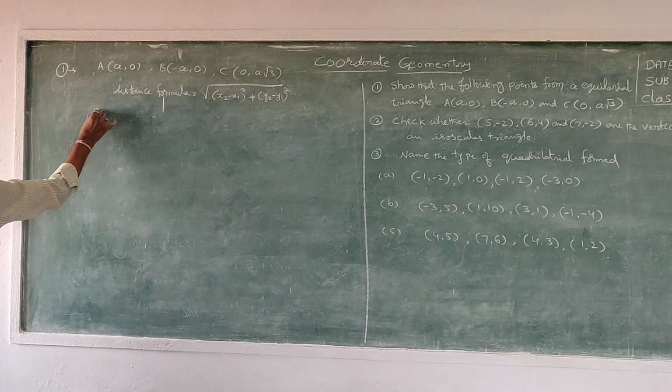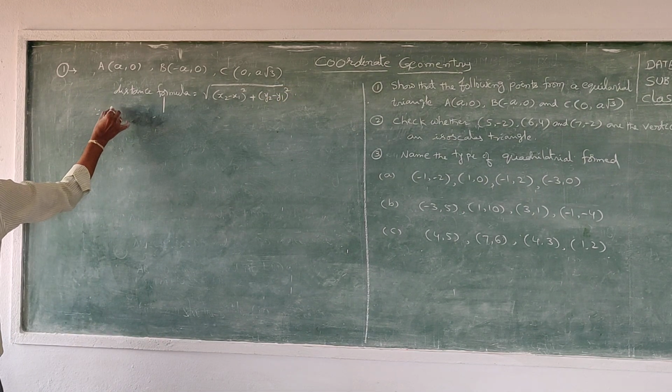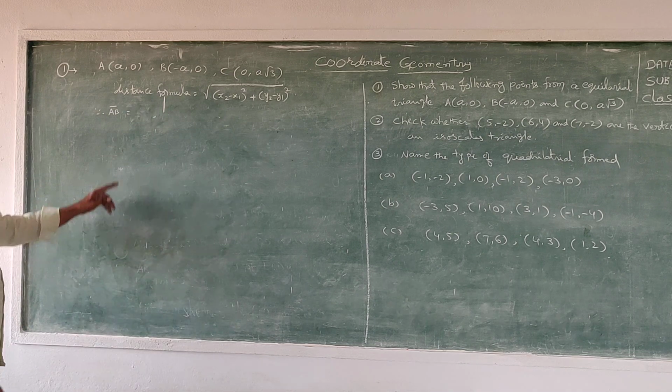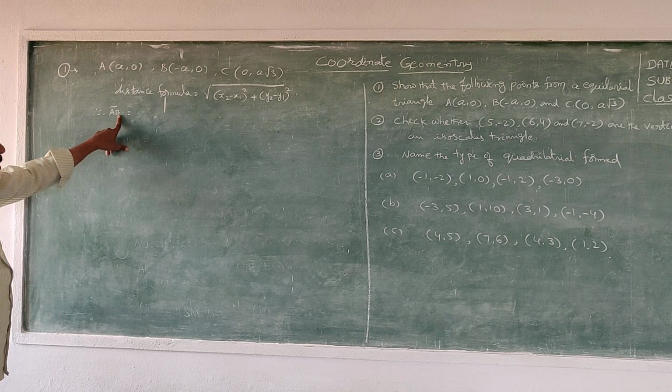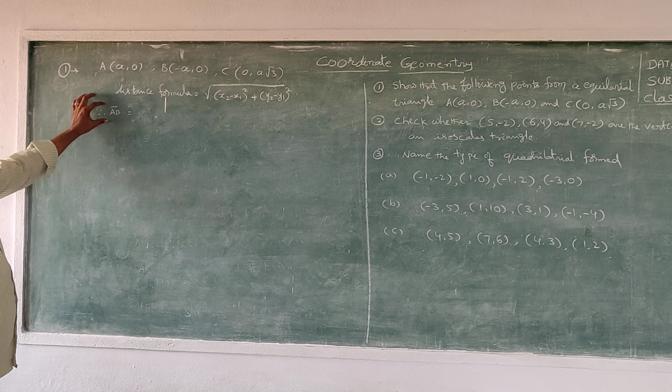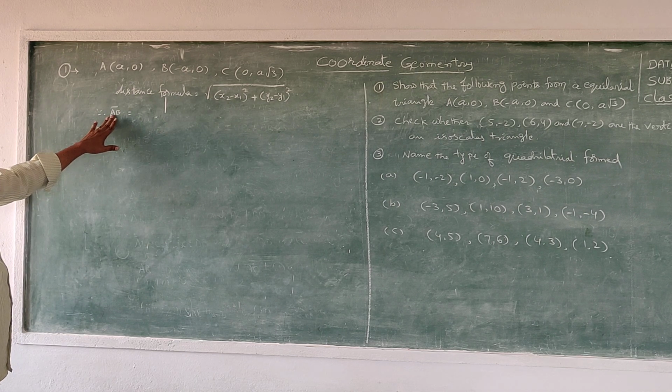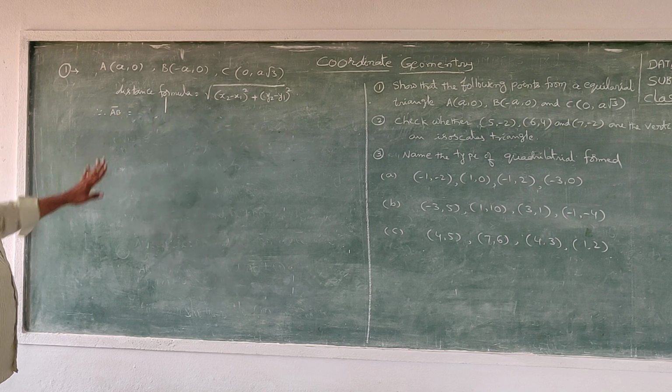Let's look at the length of AB briefly: A is (x1, y1) and B is (x2, y2).